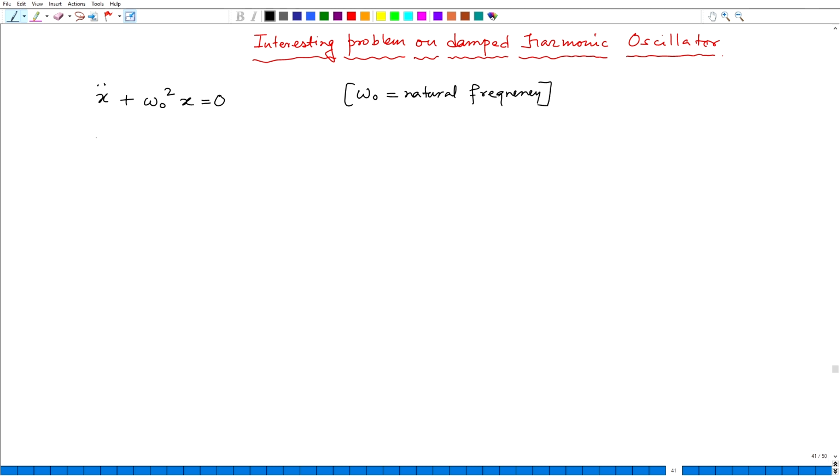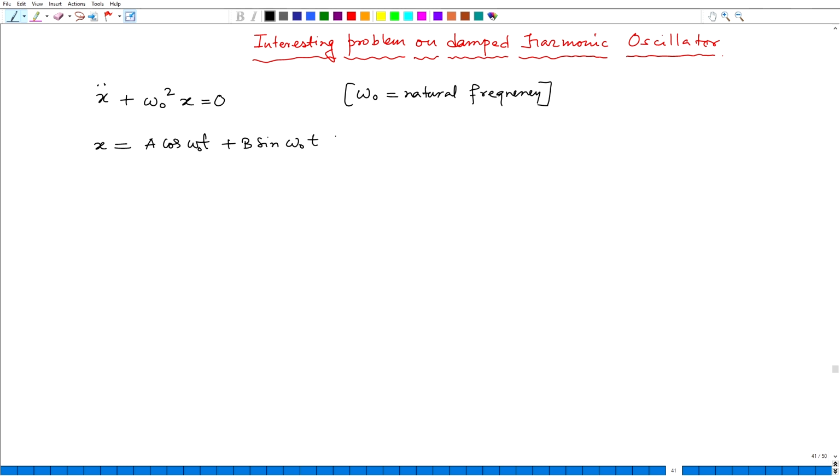We have also assumed that the solution of the undisturbed, freely oscillating oscillator is given by some A cos omega 0 t plus B sin omega 0 t.